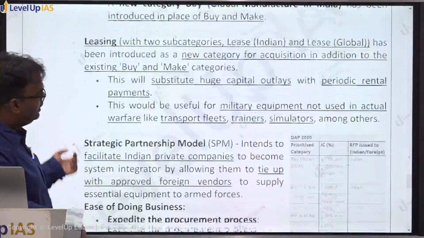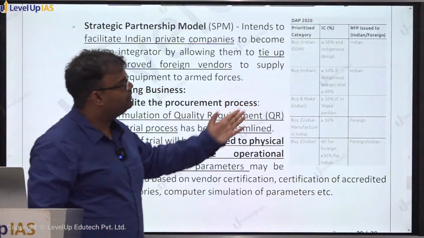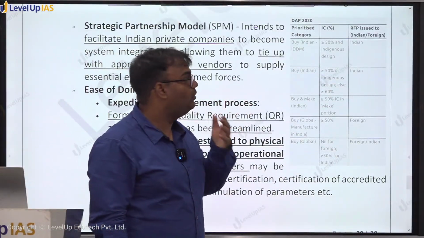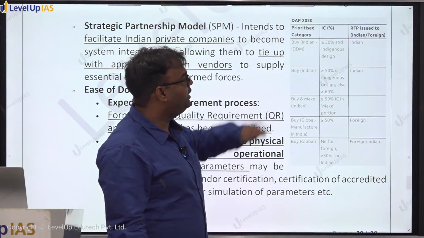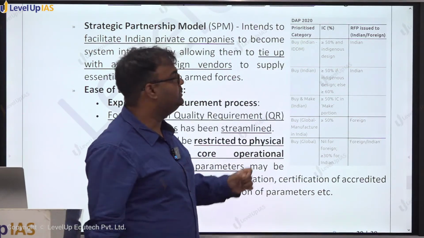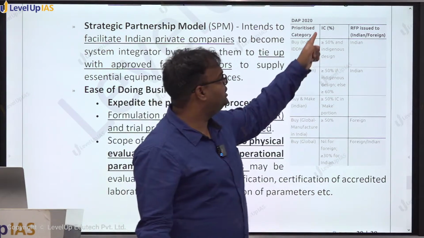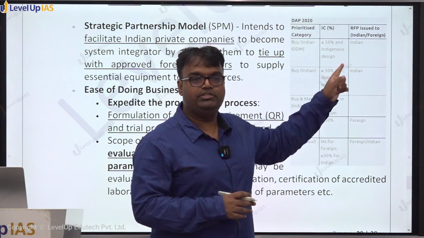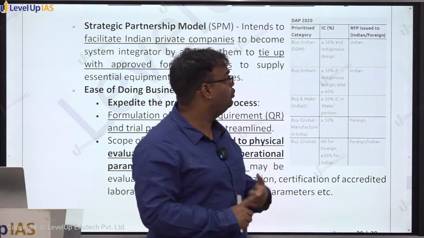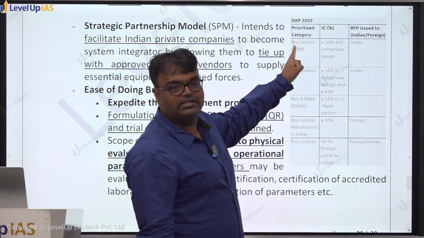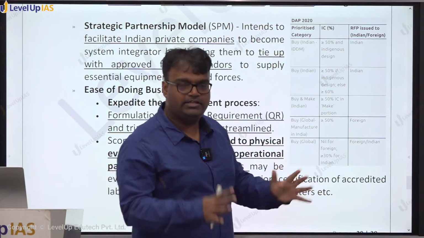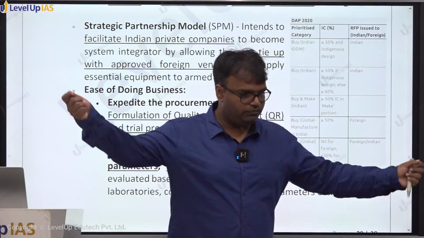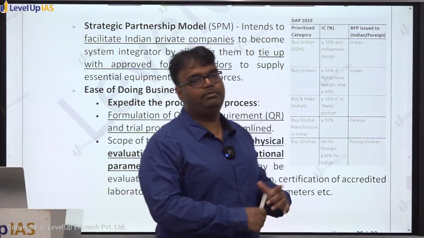If you come to the new policy also, you have buy Indian IDDM, but one thing has changed. Last time the requirement for indigenous component was more than 40%, but now it is indigenous only when the indigenous component is more than 50% and it is designed and developed in India. Some components you have taken from outside, then it will be considered in this category.